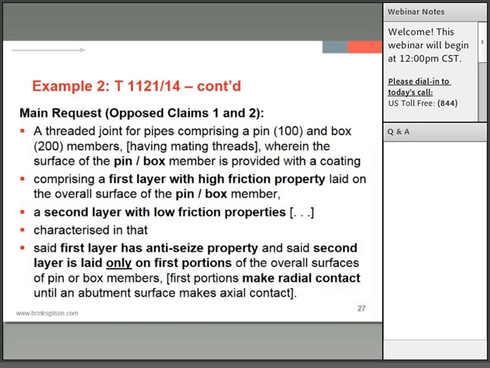So the claims were revoked on opposition, and the main request is pretty much the granted claim that was revoked on opposition, where the last limitation said the first layer has anti-seize property, and the second layer, which is the low friction coating, is laid only on first portions of the overall surfaces of pin or box members that make radial contact until an abutment surface makes axial contact.